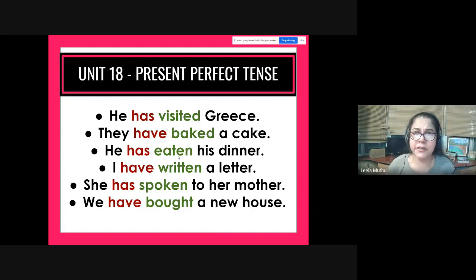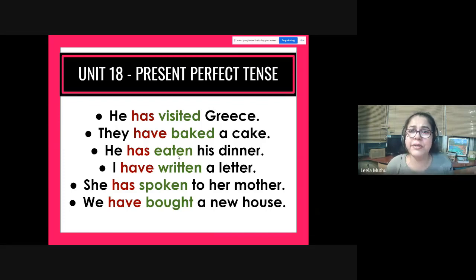Action is finished, not happening at the moment. She has spoken to her mom on the phone a few minutes ago, and she says to say hi. Okay, so she has spoken to her mother at some unspecified time, and she's not speaking to her mother right now. Okay, we have bought a new house maybe a week ago, maybe we just finished paying the last payment about an hour ago.